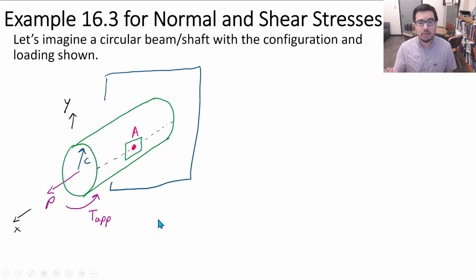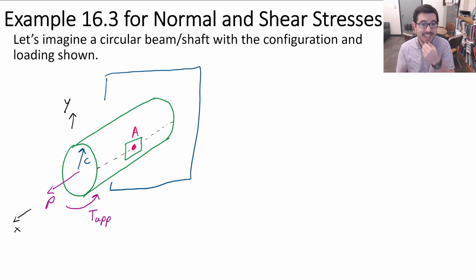Here we have a circular beam or shaft with this configuration, and we have our applied torque here and an axial load P coming out of the end. And this has radius C. What do we expect?